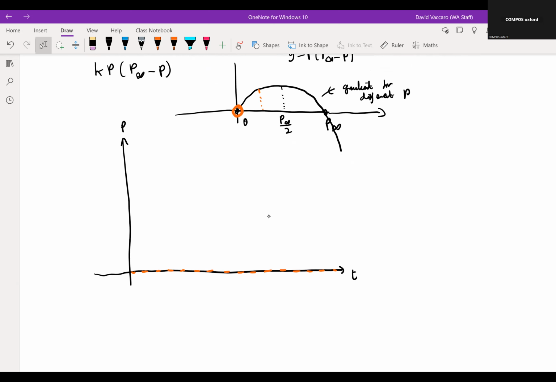As the population increases, however, the value of this dP/dt function, so the value of the gradient on the right, increases. So that means that for a higher population, the graph is going up at some positive gradient. And in this region, it's getting steeper.